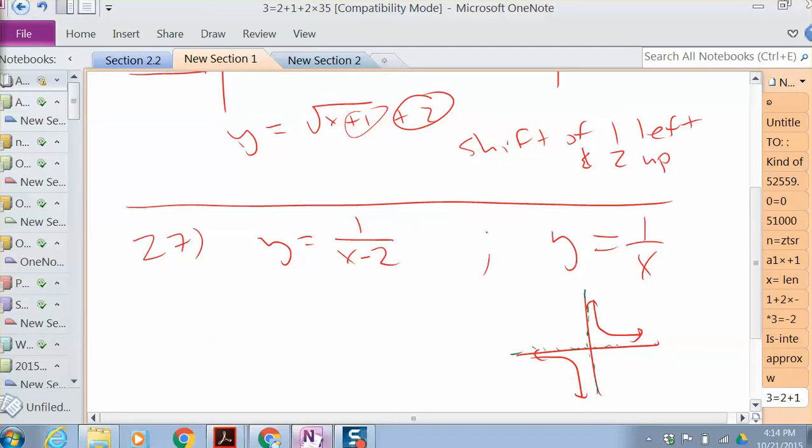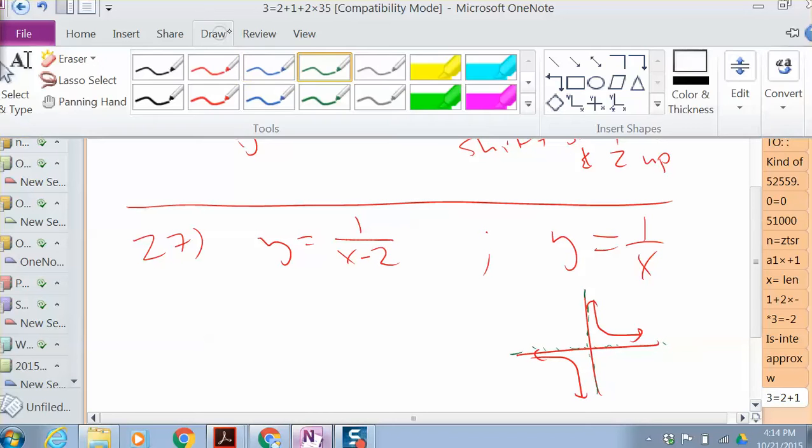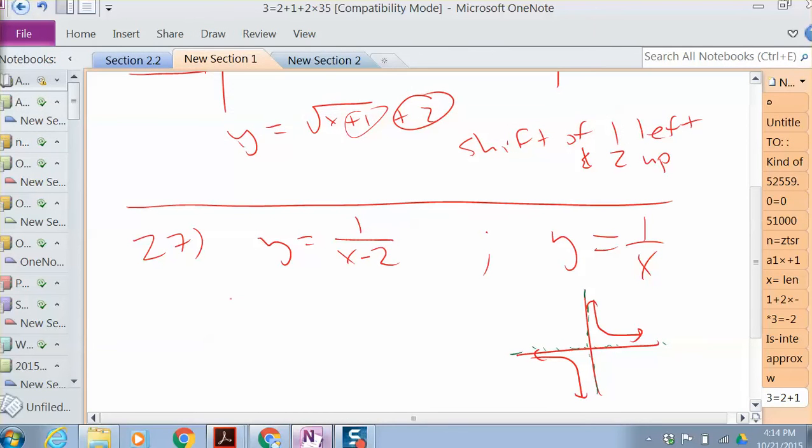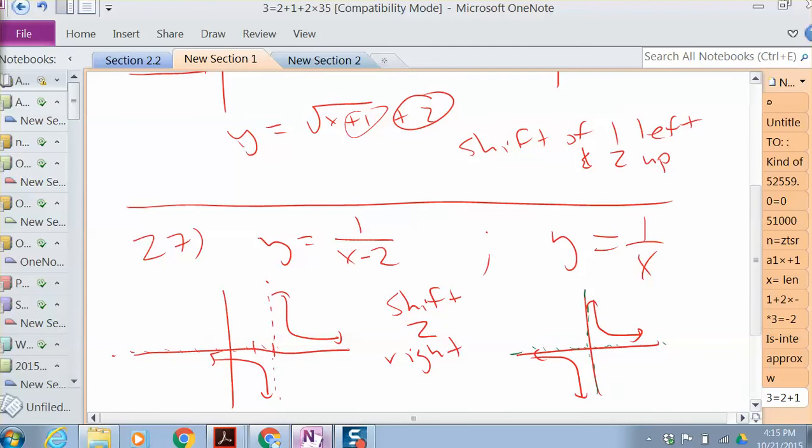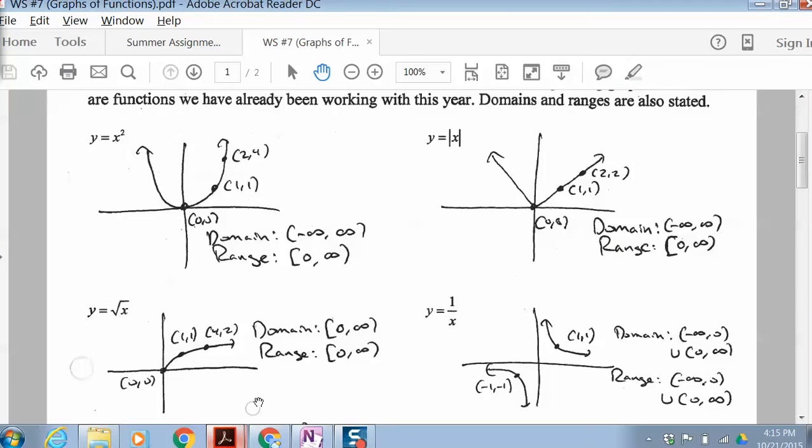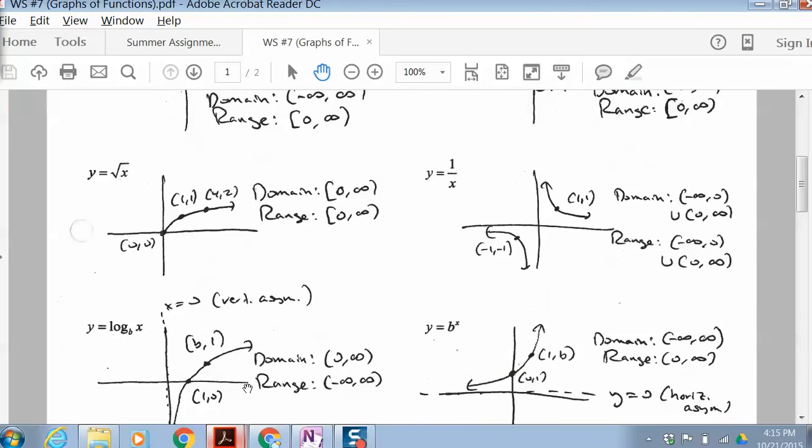So x equals 0, y equals 0. If you said shift to right, congratulations, you got it correct. And that's the only transformation that happened from the parent function, y equals 1 over x. And again, if we look at our worksheet, 1 over x is right there, where domain and range are as indicated.